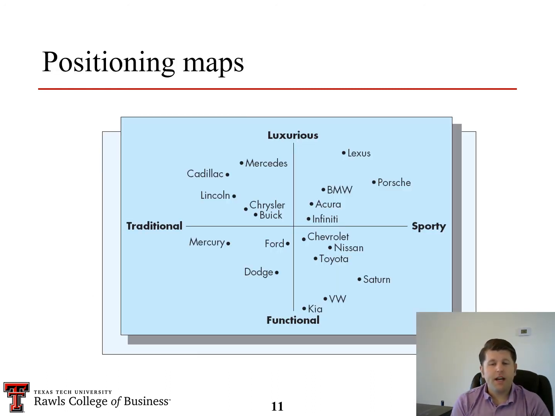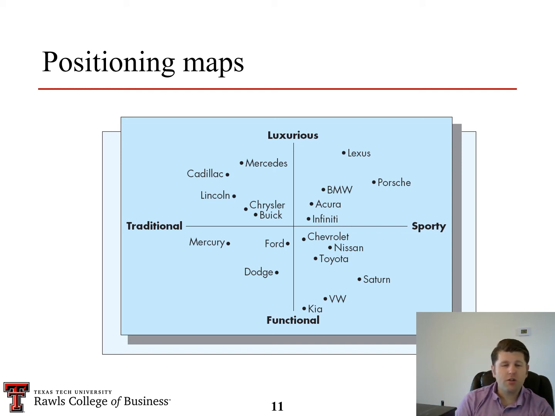This is a nice positioning map that we could use to position our products on different dimensions. So here we have luxurious versus functional, and we have traditional versus sporty. Porsche is in the luxury sporty category, whereas we can see that Kia is more functional, and it's right in the middle between traditional and sporty.